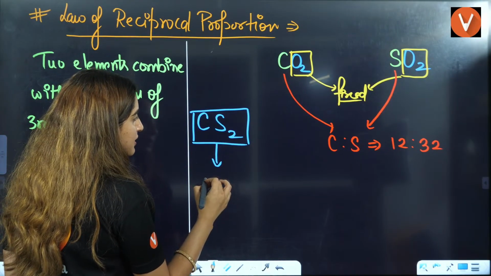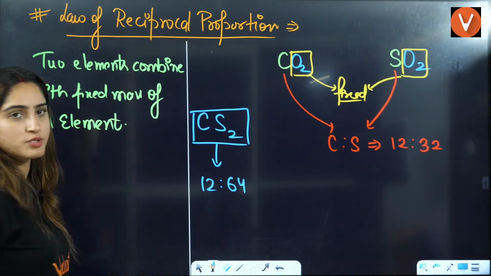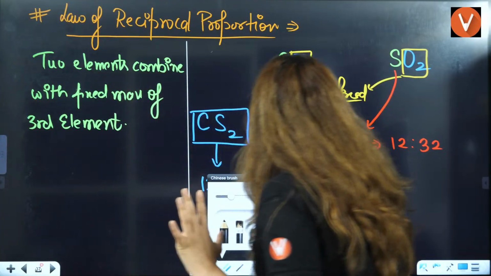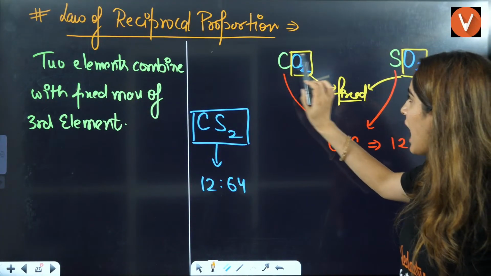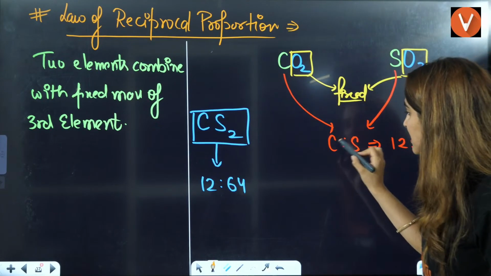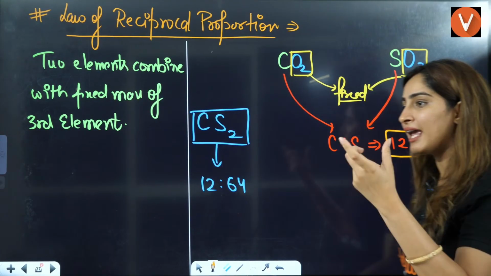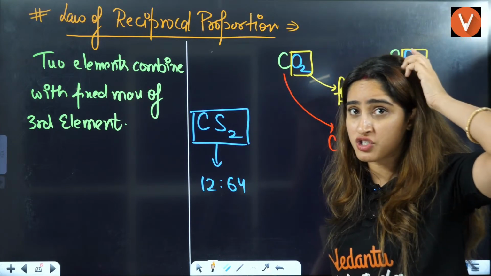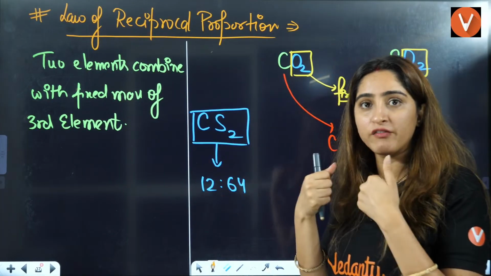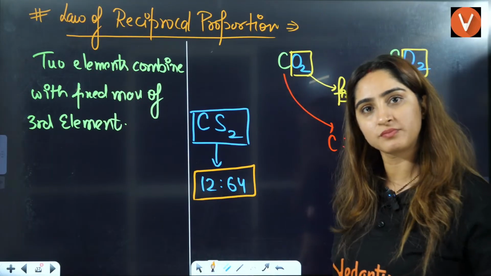So carbon is 12 and sulfur is 32 into 2, 64. Now, tell me, till here you got it or not? When carbon and sulfur combine with the fixed mass of oxygen, the ratio of carbon and sulfur is 12 ratio 32. But when they are not combining with the third element, they are combining with each other to form a compound, then the ratio is 12 ratio 64.